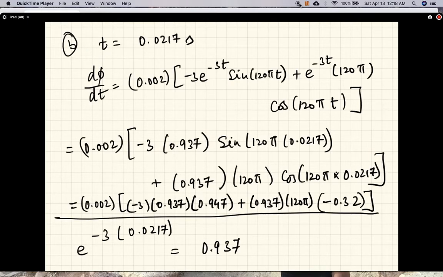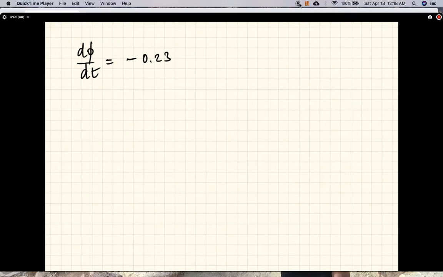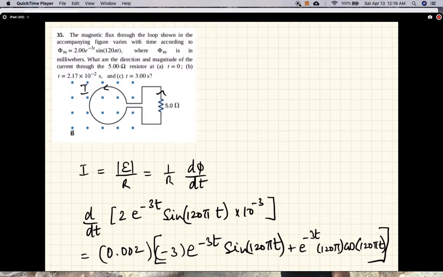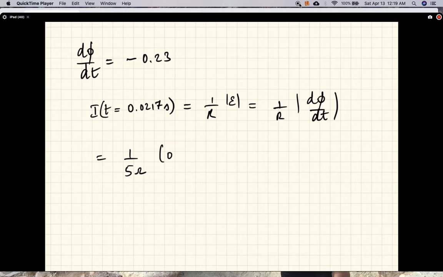So the current at that time would be 1 over R times dphi by dt, which is 0.046 amps.